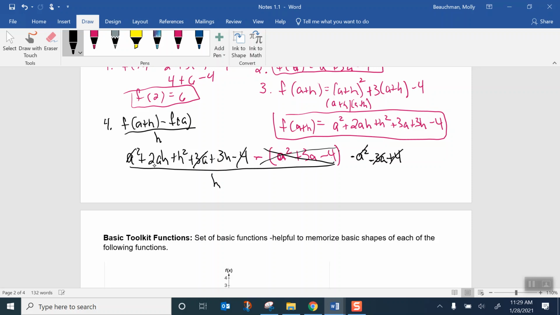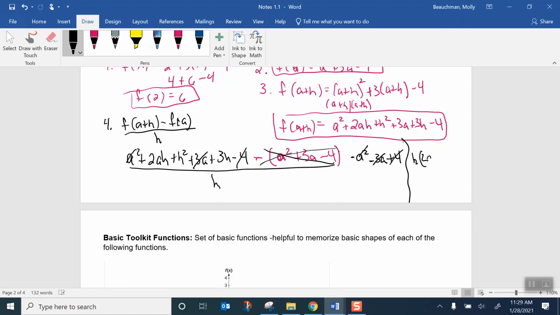And then notice each of the terms that we have left have an h in them. So now I'm going to factor out an h. So if I factor an h, 2ah becomes 2a, plus h squared becomes plus h, factor out an h, plus 3h becomes plus 3.